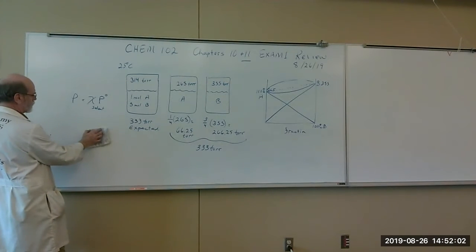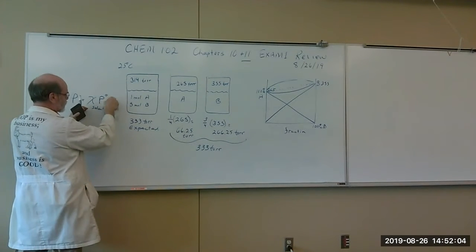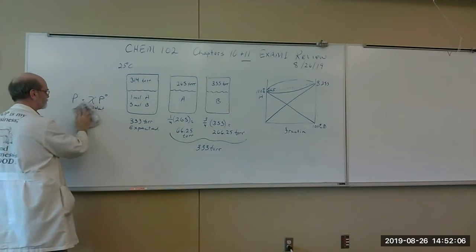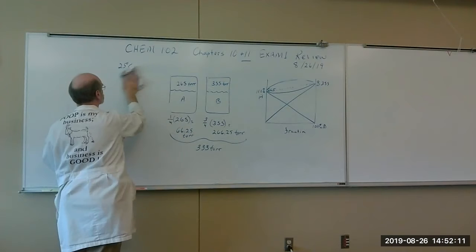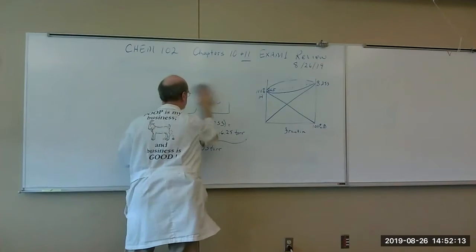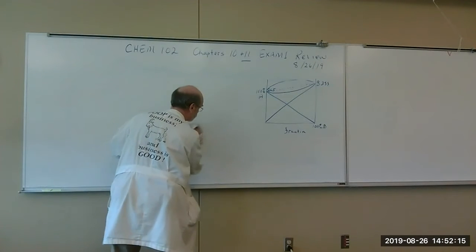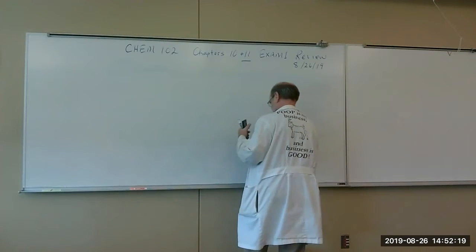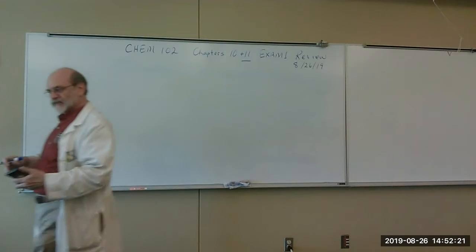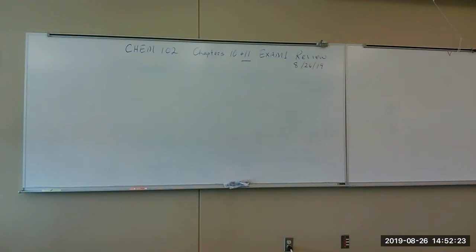When you have two volatiles, you have to splice those together. And that's not even considering azeotropes. Did your book talk about azeotropes?